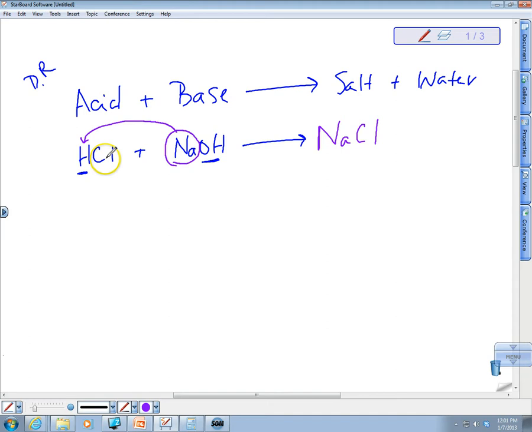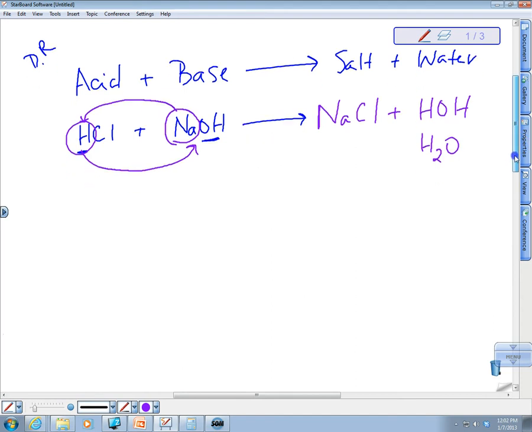Sodium is going to bond with the chlorine instead of the hydrogen. And this hydrogen is going to come over here and bond with the OH. HOH is just a different way to write H2O, right? Two H's, 1, 2, and an O. So there's my neutralization reaction.